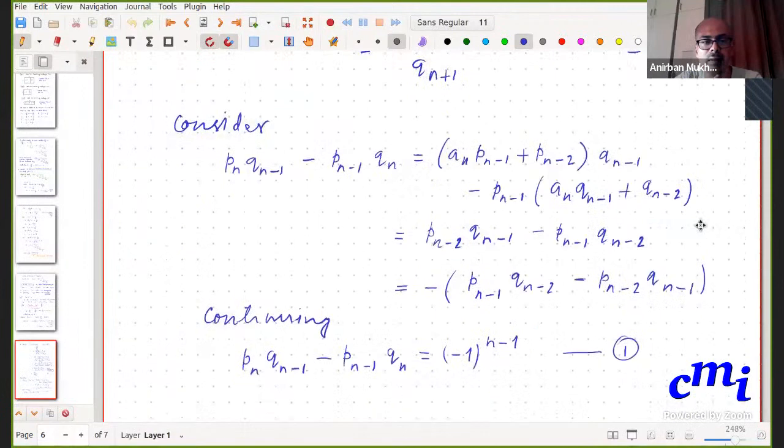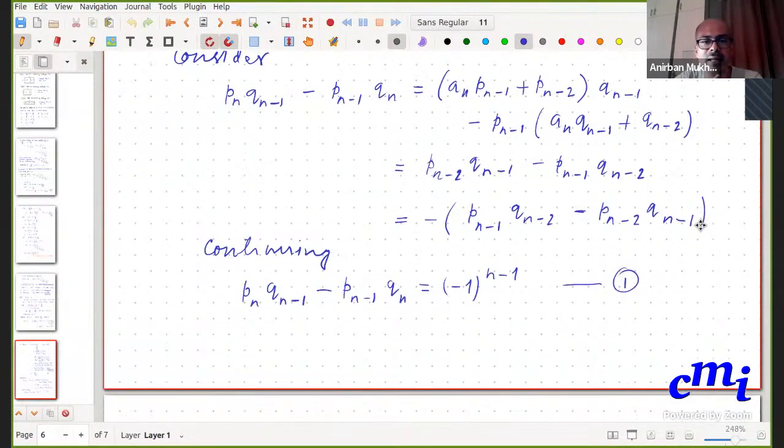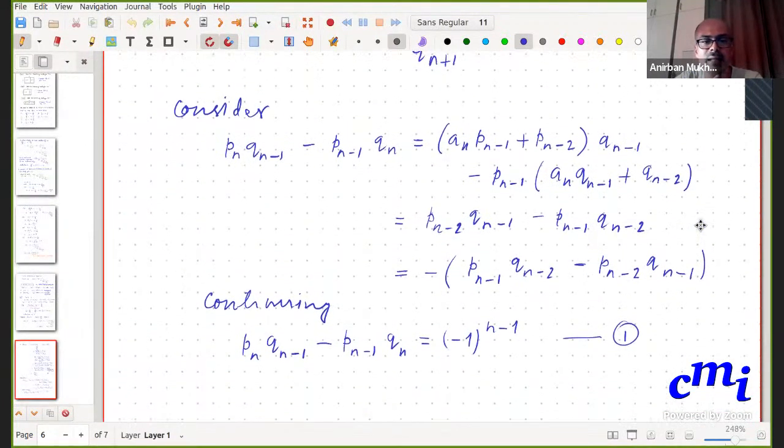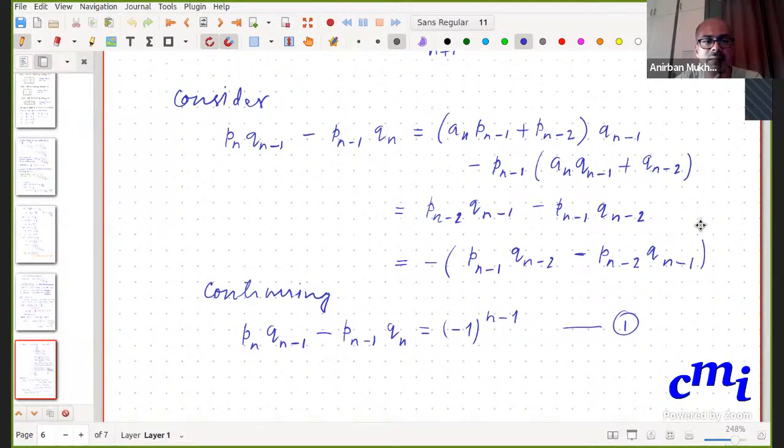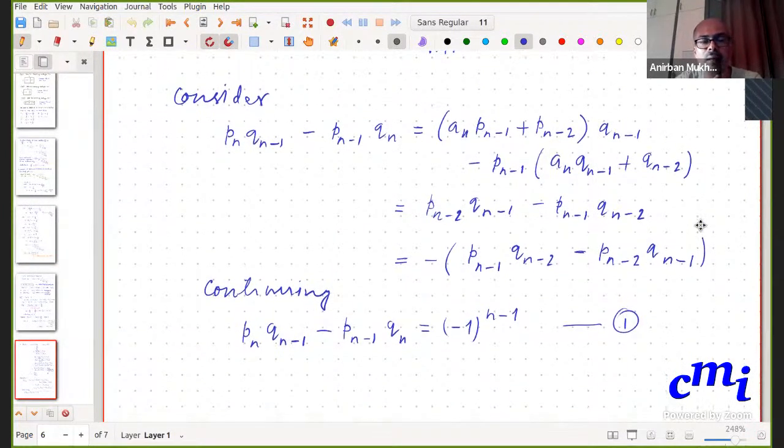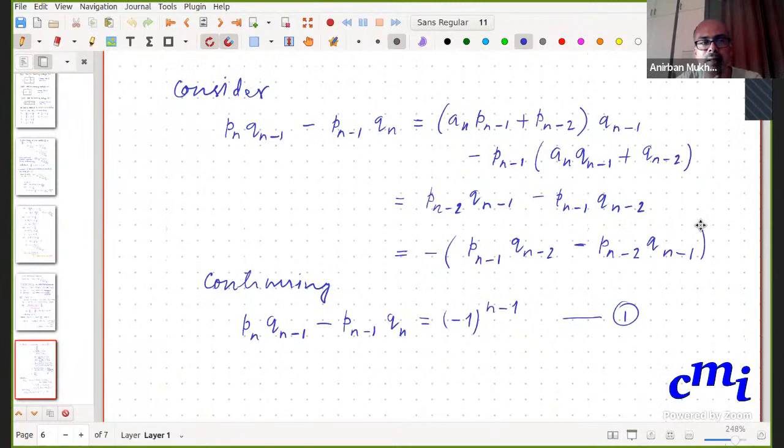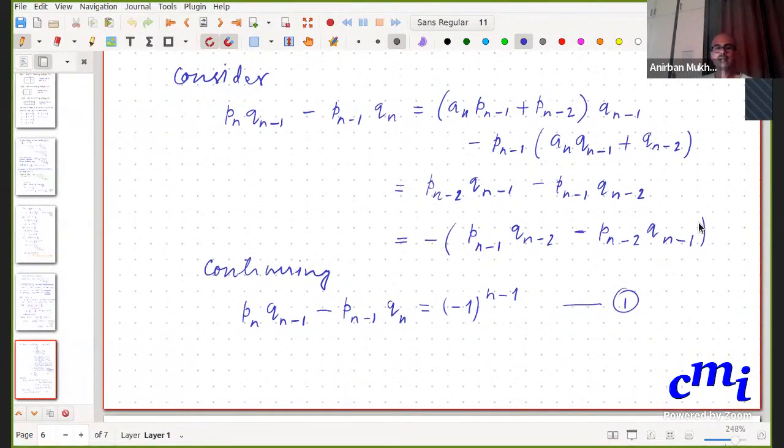We proved a little bit more. The second important equality was this: p_n q_{n-1} minus p_{n-1} q_n is equal to (-1)^(n-1).